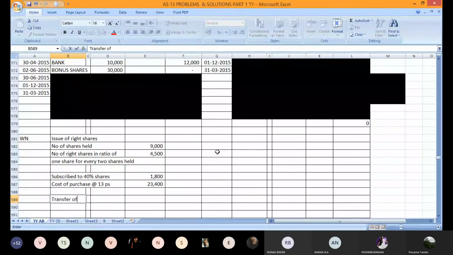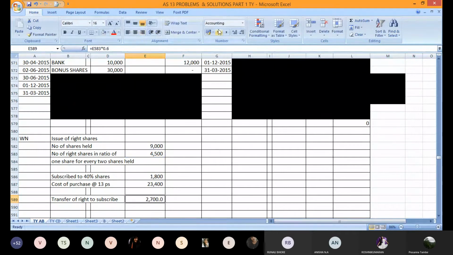Transfer of right to subscribe. Okay, so that will be the remaining shares, or 60% of 4,500. That comes to 2,700.